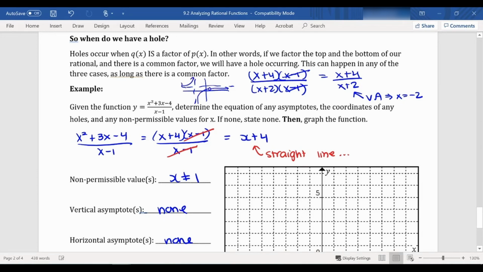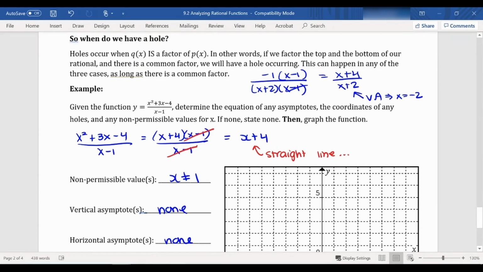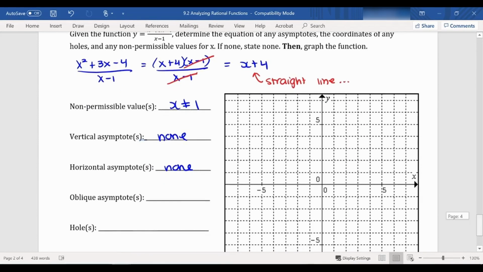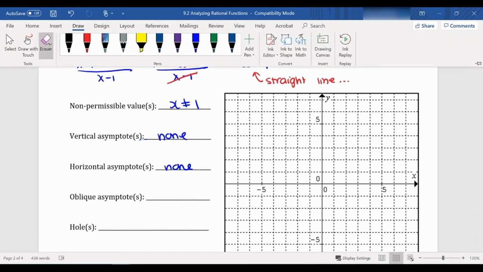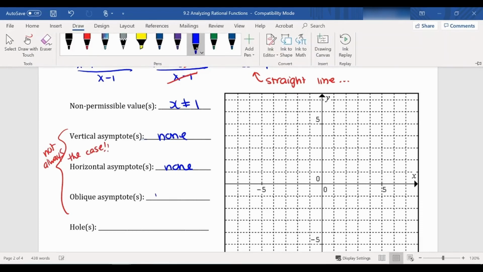That's what would end up happening. Okay. So just because you have a hole does not mean you can't have anything else. But because you have a hole, that fact does not result in anything else. Okay. So please note here that this is not always the case. Okay. So I also have no oblique asymptote.